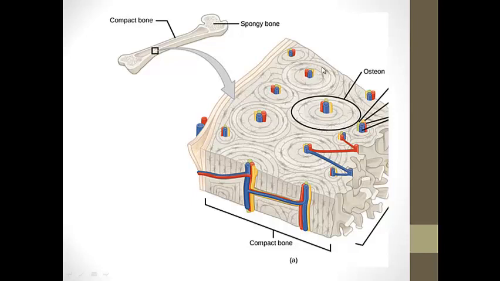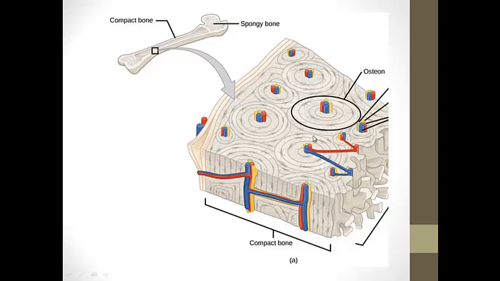Now each of these by itself, you can even see the black line here, is called an osteon. And so in this bone, for example, you've got 1, 2, 3, 4, 5, 6, 7, 8, 9, roughly 9 osteons in this region here. And they're densely packed together, so you can see that there's barely any space in between them. And whatever space is present is usually going to be filled by matrix.